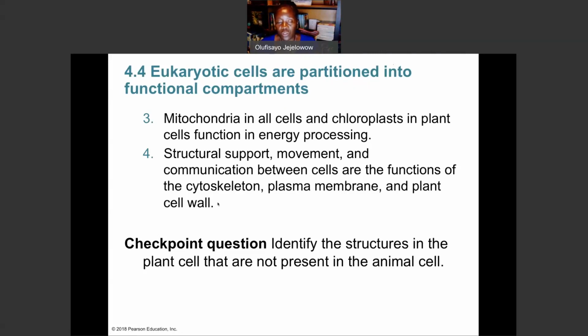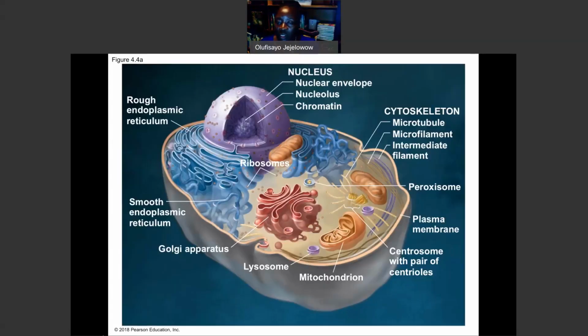Identify the structures in the plant cell that are not present in the animal cell. So this is a typical cell. The typical cell essentially is used to illustrate all of the possible organelles that scientists have recognized and identified so far to date that are present in the cell.